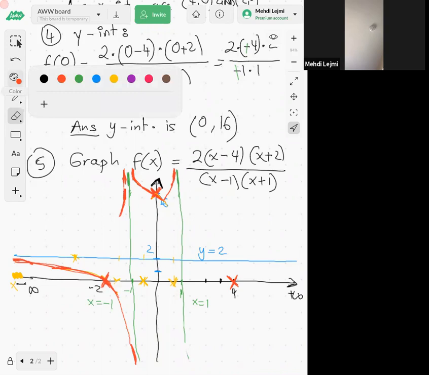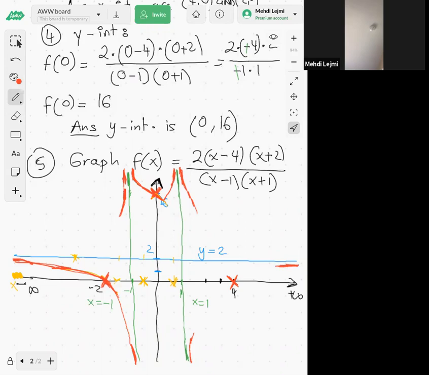Next, I'm going to start again from this vertical asymptote. Our graph is very close to our vertical asymptote, so it's going to be in the bottom here, or it's going to be up here. But then you have to join the x-intercept at 4, and then there's your horizontal asymptote at positive infinity.